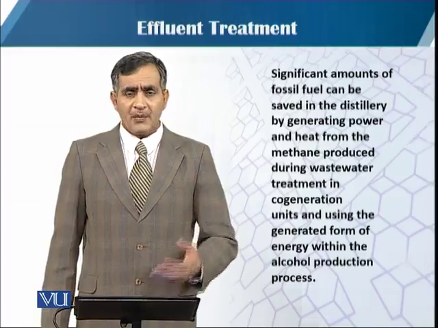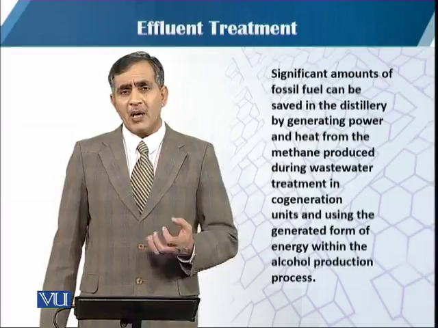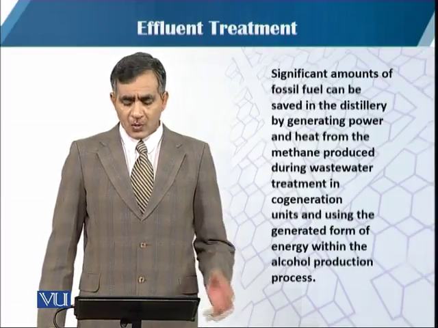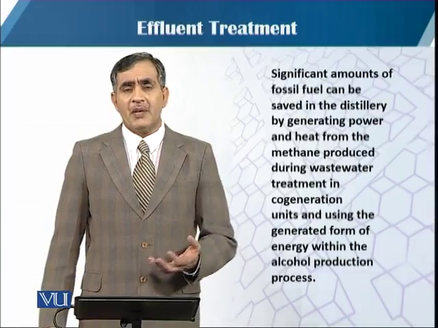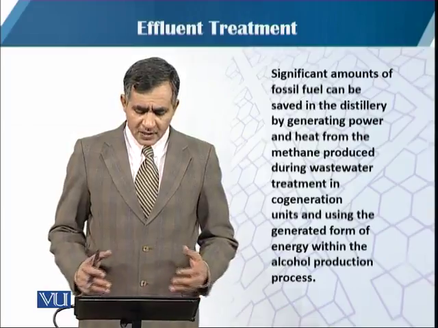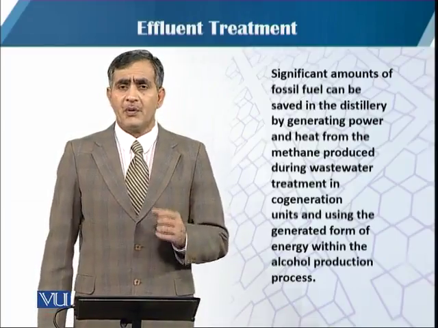The effluent of the ethanol industry produces biogas, and the biogas effluent is used for biofertilizers. So that is a possible way of effluent treatment, which can overall decrease the burden on fossil fuels.